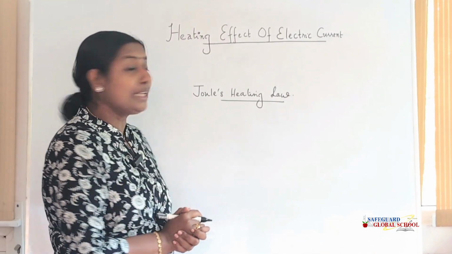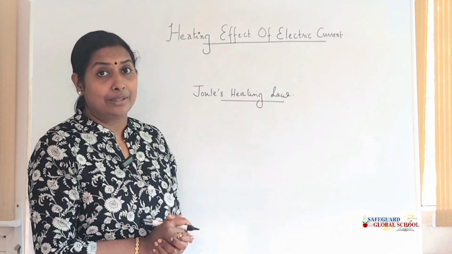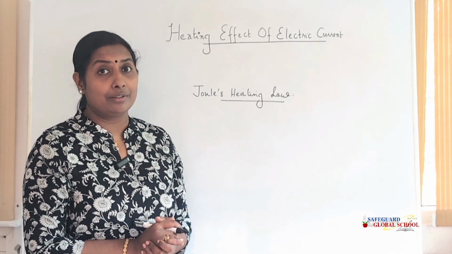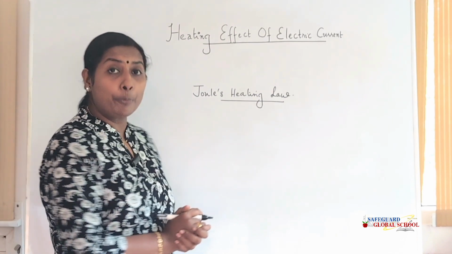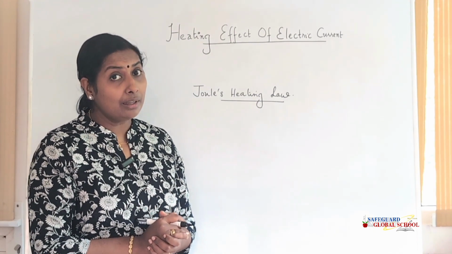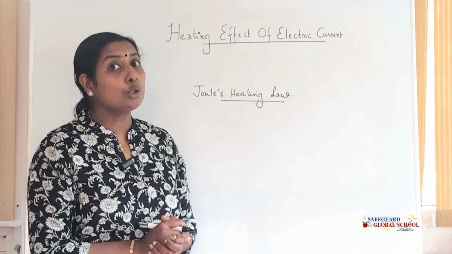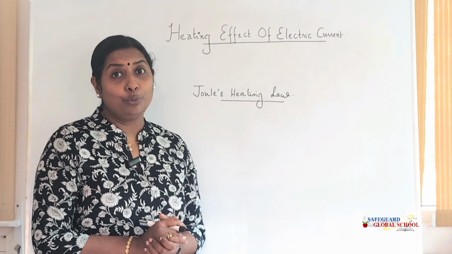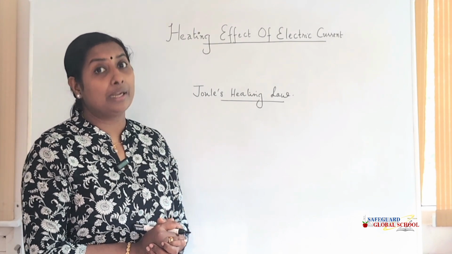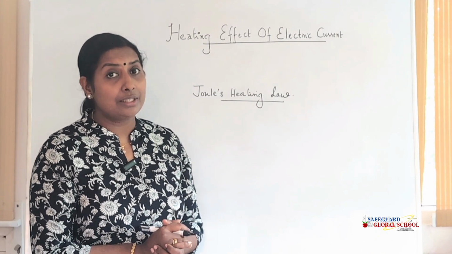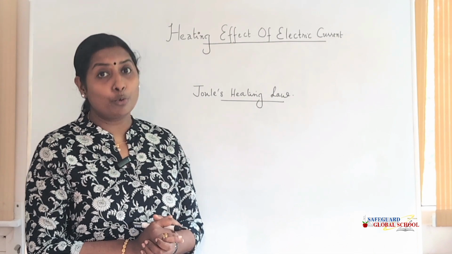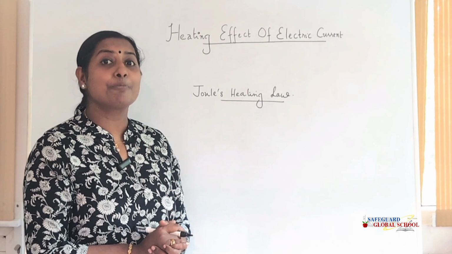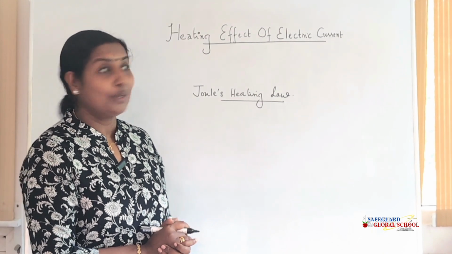So Joule's heating law states that the amount of heat developed in a conductor is directly proportional to the square of the current passing through it, and it is proportional to the resistance of the conductor for a given current, and it is proportional to the time for which the current is passed in the conductor.